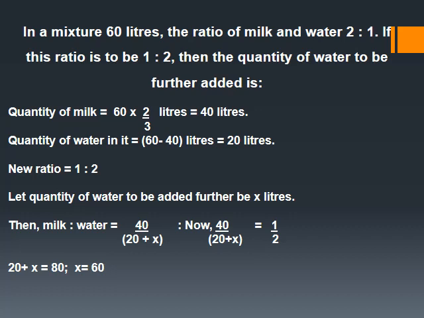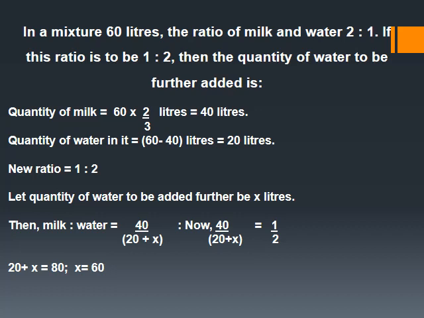We take the denominator on the left side, that is 20 plus x, and it will be multiplied by the numerator on the right side, that is 1. That goes to the top on the right side. Now the denominator on the right side, that is 2, will go to the numerator on the left side, that is 40.